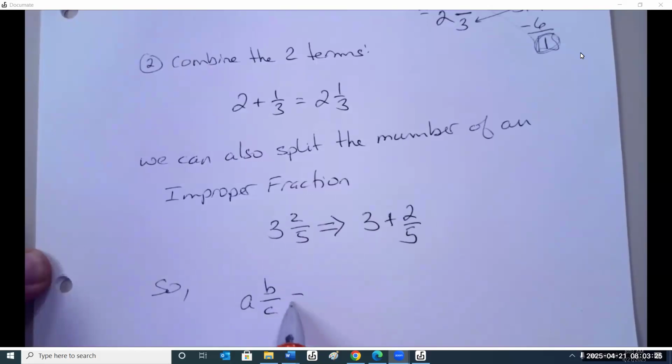So any form like this can be rewritten as that.